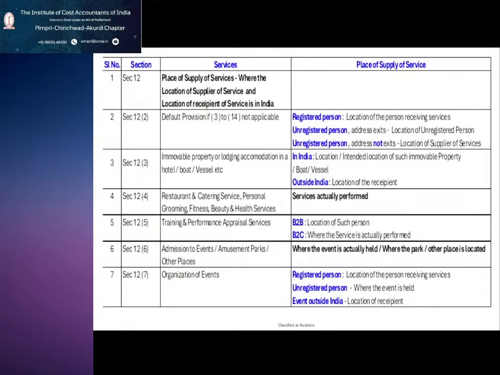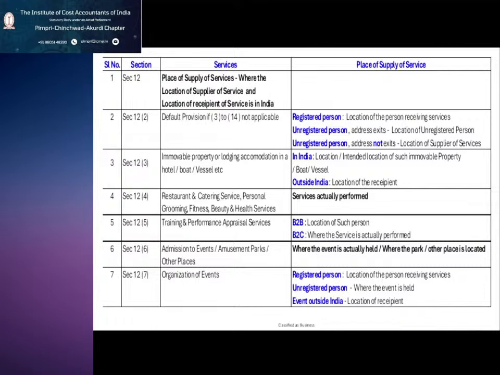In 12 subsection 5, it is about training and performance appraisal services. For training and performance appraisal services, we have two cases there, B2B and B2C. B2B, business to business, is when the service receiver is a registered person.